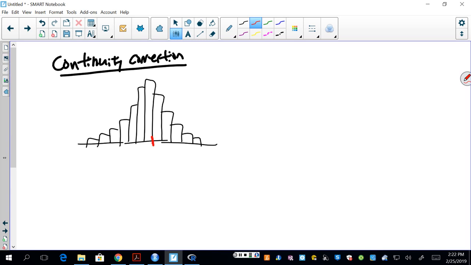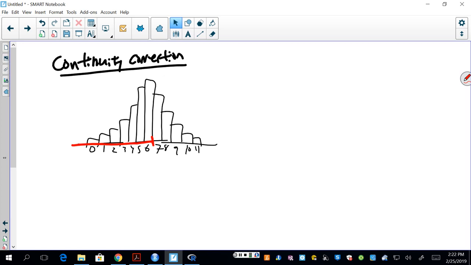You're going to add up these areas here. Let's do 0, 1, 2, 3, 4, 5, 6, 7, 8, 9, 10, 11. 11 trials. And you want the probability that x is less than or equal to 6. Well, this isn't going to be a great one for approximation anyway, because it's just too small.